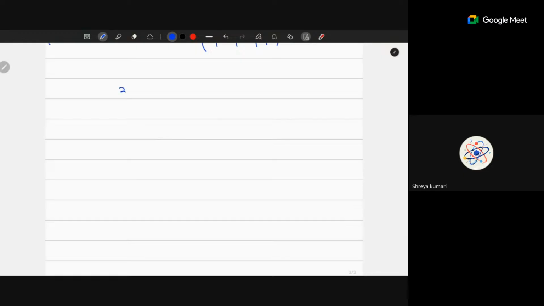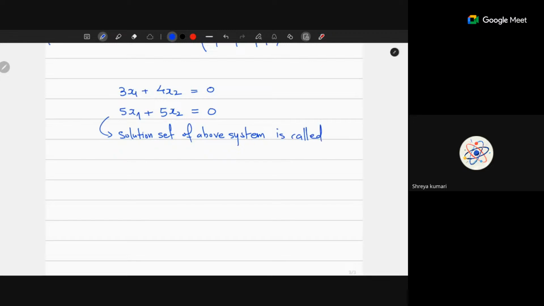So in particular, if I have a system like this, this is called a homogeneous system of linear equations, and the solution set of the above system is called the null space of the corresponding matrix.